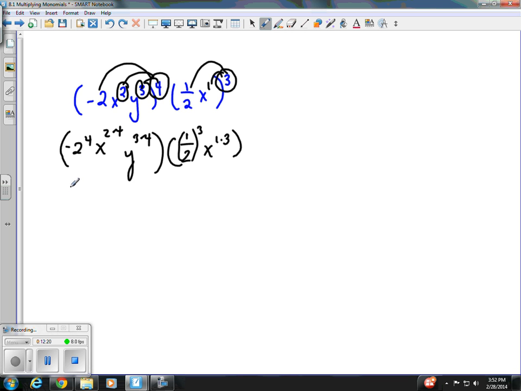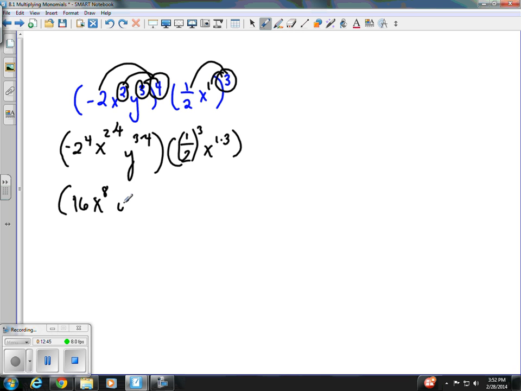So now we're going to simplify. Negative 2 to the fourth power. Remember that's negative 2 times negative 2 times negative 2 times negative 2. That's going to give us a positive 16. Any negative raised to an even power will end up being positive. Then I'm going to drop down my x and say 2 times 4 is 8.